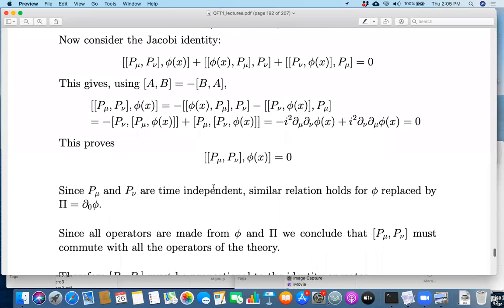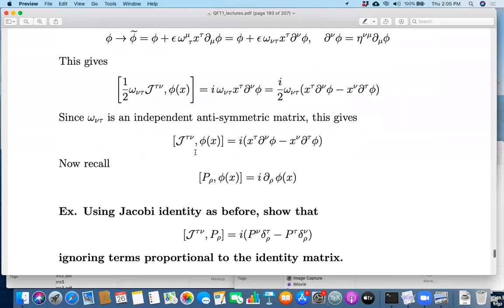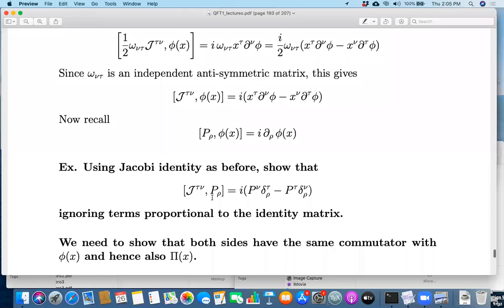Now we follow exactly the same procedure. We combine these two relations and apply the Jacobi identity to calculate this commutator, J tau nu with P rho. And I leave it as an exercise for you to check that this commutator is given by this combination over here.